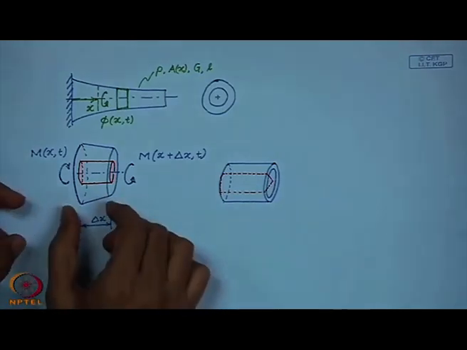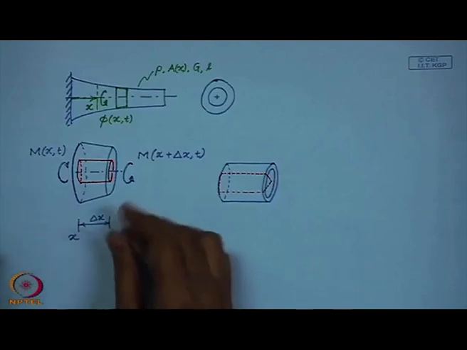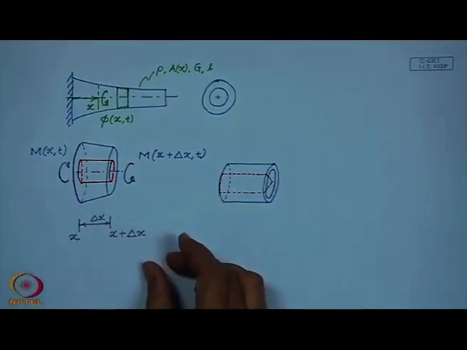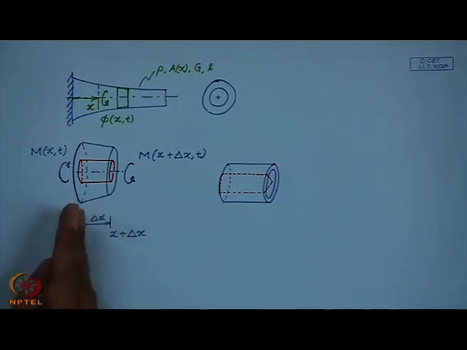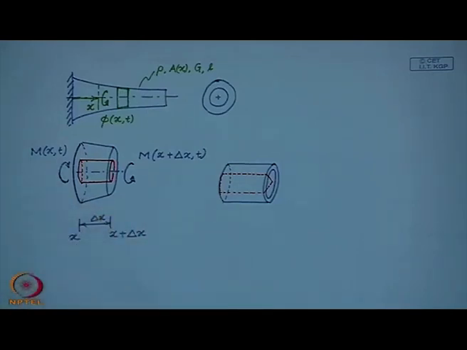Now, this little element, when the bar is under torsion, there will be a differential rotation between the left face and the right face.